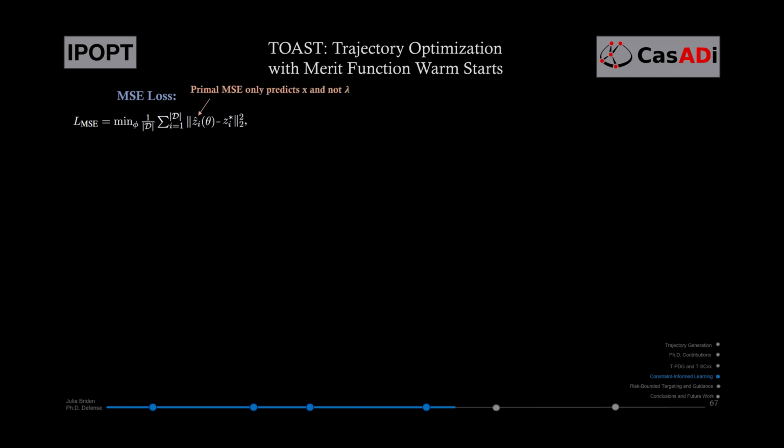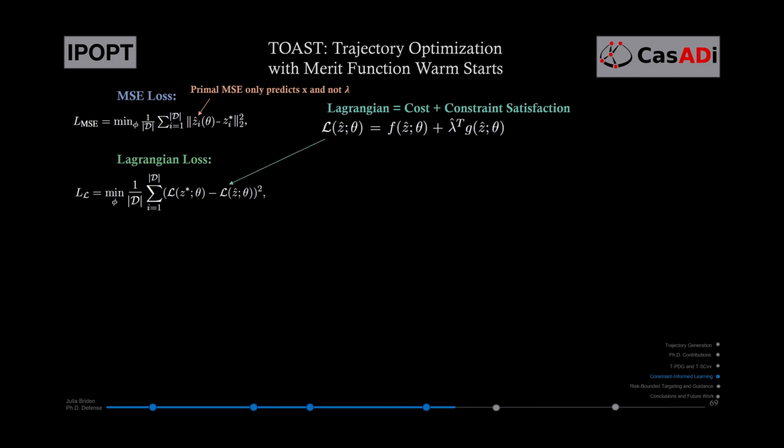So we have mean squared error as well as primal mean squared error, which just means we're not predicting our dual multipliers. We now have introduced a Lagrangian-based loss function. So now we have the Lagrangians with their cost to constraint satisfaction balancing. We also introduced a Lagrangian with gradient loss function.